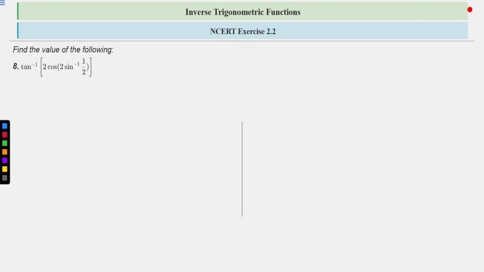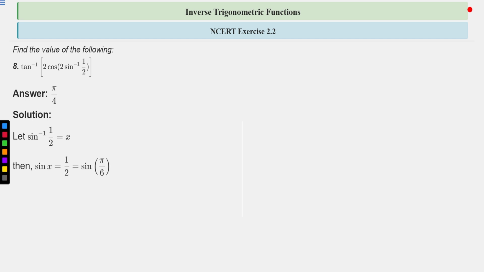See, we basically have to find the value of expression tan inverse 2 cos 2 sin inverse 1 by 2, right? So the correct answer is pi by 4, right? Okay, let us move to the solution part. What can we do? Let sin inverse 1 by 2 is equal to x, right?